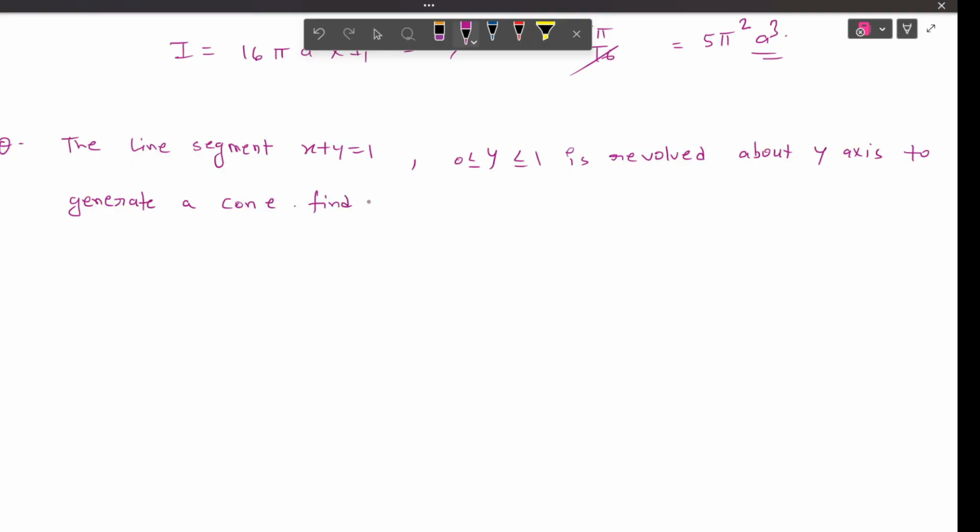Find the lateral surface area of the cone. So let's see how to solve this question.